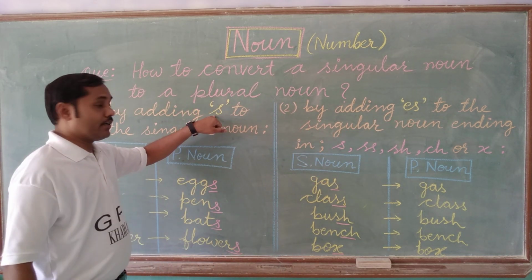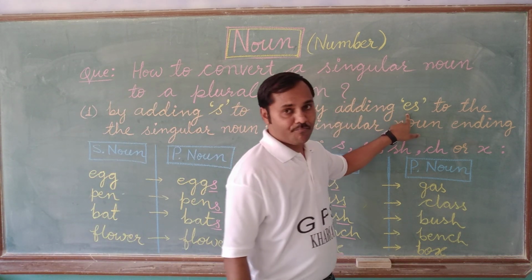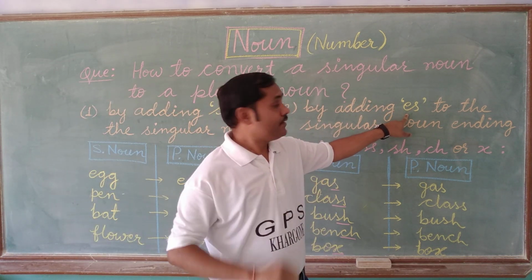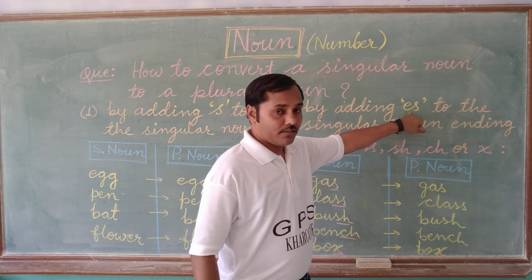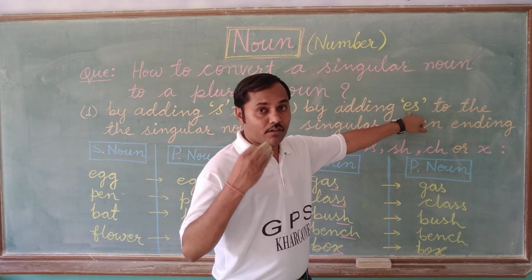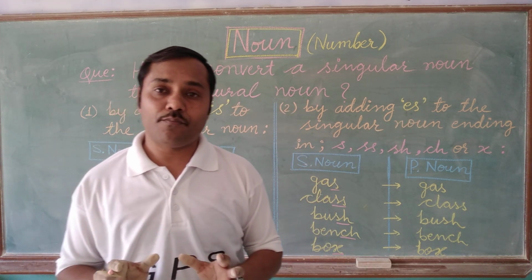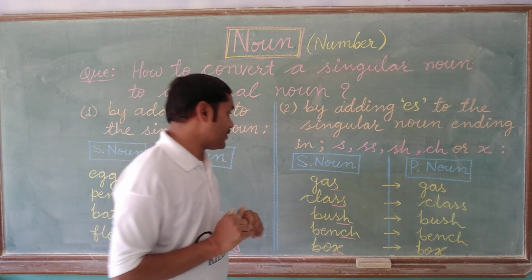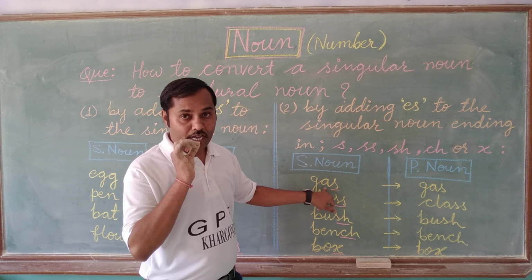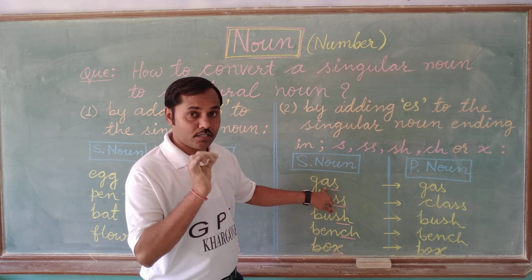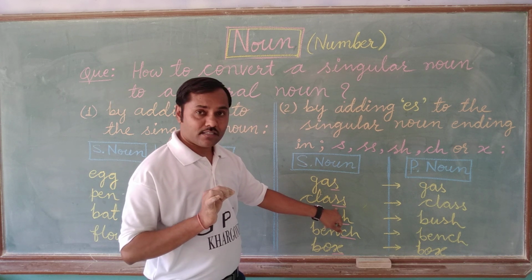Instead of adding only S, now we are going to add ES. So you have to remember these things. And this rule is not according to the spelling, it is according to the pronunciation. Yes, it is easy to remember according to the pronunciation. When we pronounce guess, we end it with the sound S. Guess. Glass.